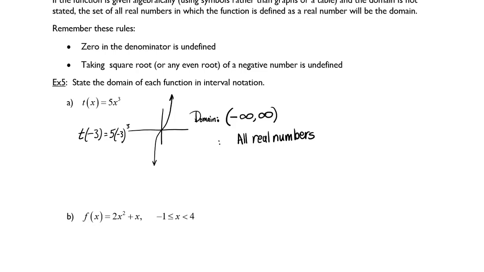Or there's this shorthand that people will use. It's a double-lined R, and it means all real numbers. So these two mean the same thing, all real numbers and the symbol R. This would be the domain of this function, because number 1, there are no denominators, and 2, there are no square roots, or even roots for that matter.